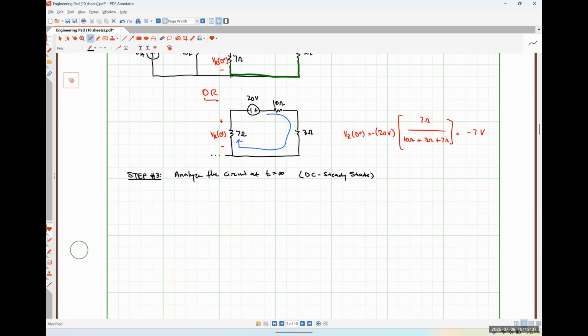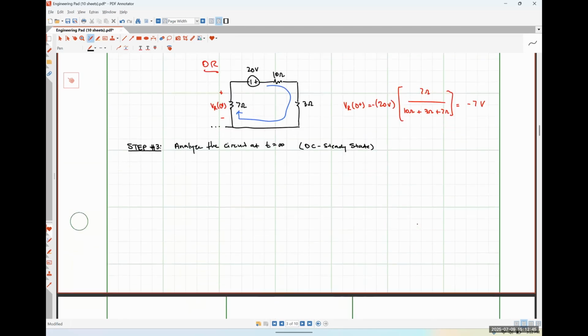So we're now looking at a system where our switch is closed at position B and our inductor looks like a short circuit. So if I draw that out, it would be something akin to this.